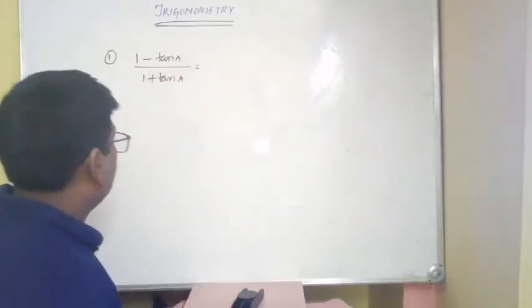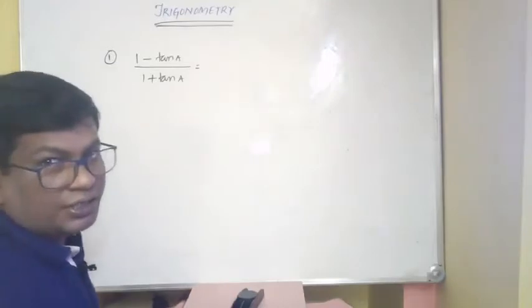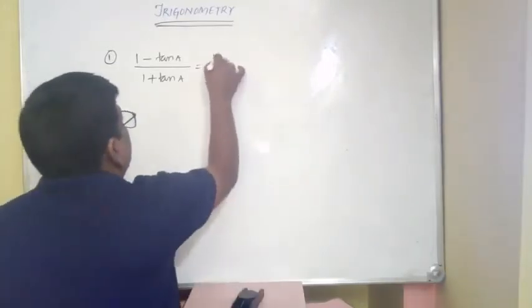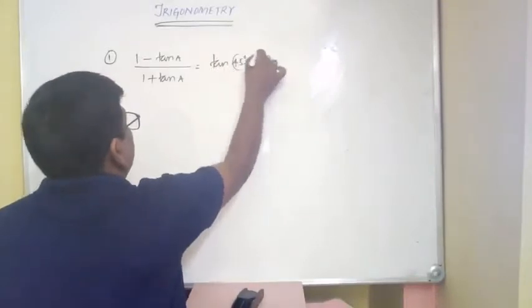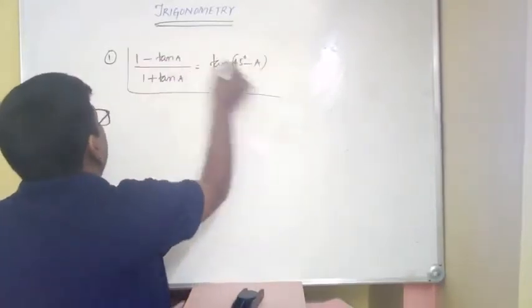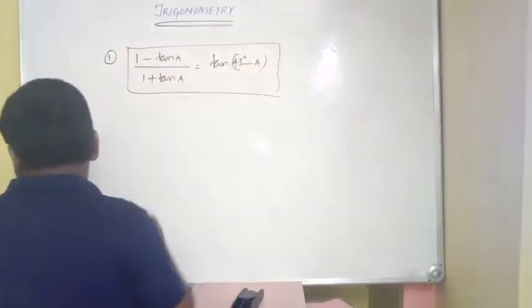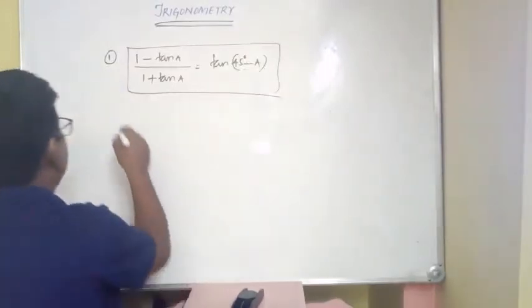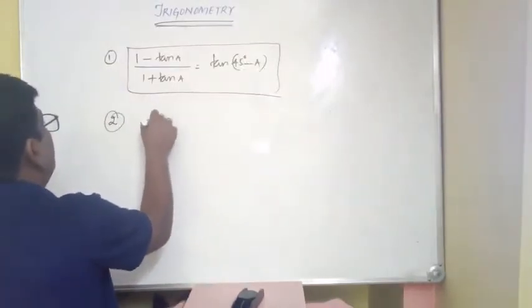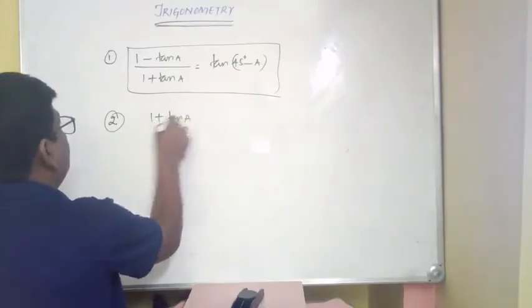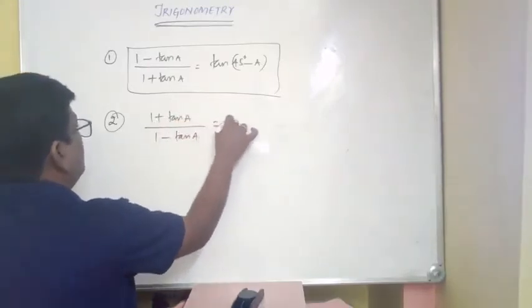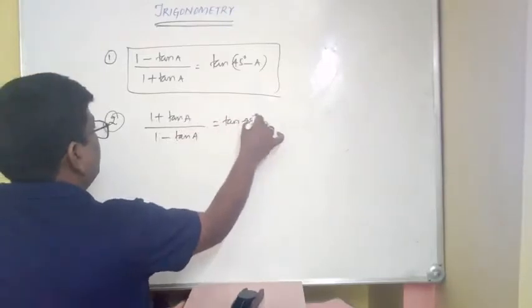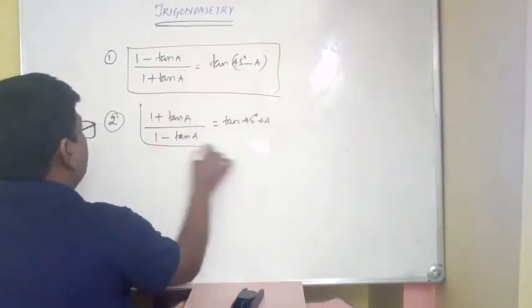It is tan(45 degree minus A). And the second one is (1 plus tan A) by (1 minus tan A) is equal to tan(45 degree plus A).